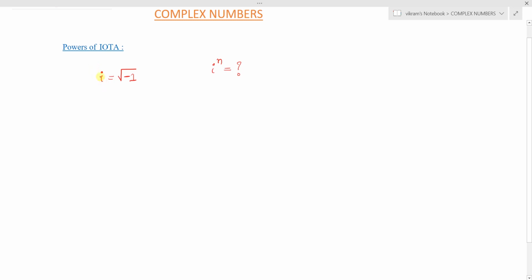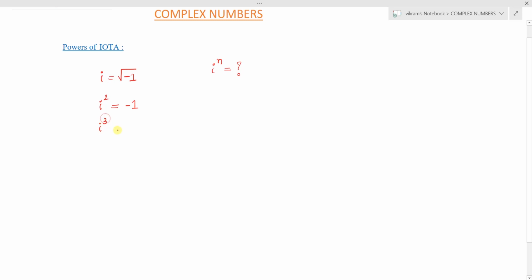We know that i is equal to square root of -1. If I square both sides, what will I get? i square equals square root of -1 whole square. That means we get -1. Then what is the value of i cube?